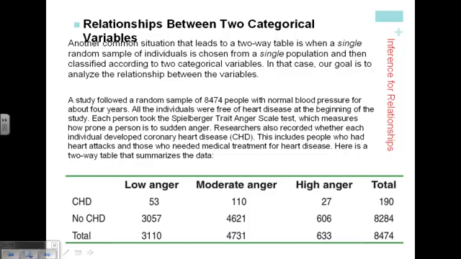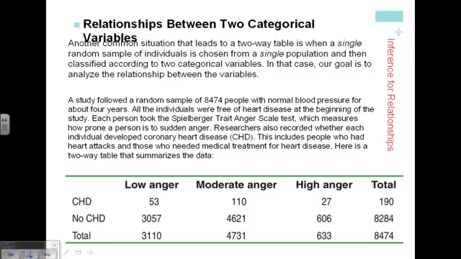So what's the question that we're asking here? Is there a relationship between being quick to anger and developing heart disease? And if so, what is that relationship? So what's the size of your matrix in this case? No, not 3 by 3. You gotta watch out for the thing that says total.